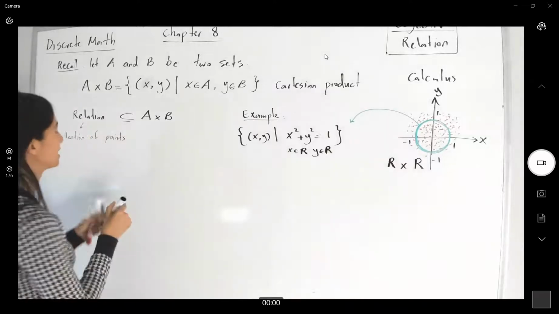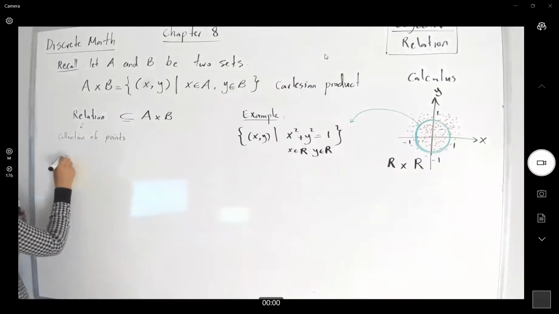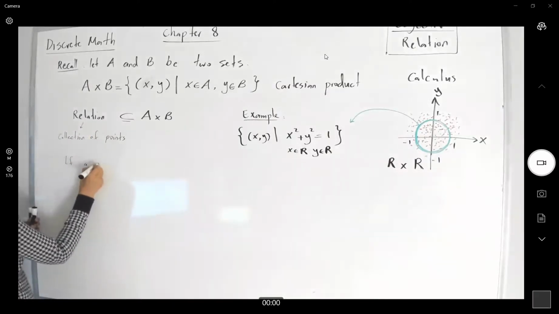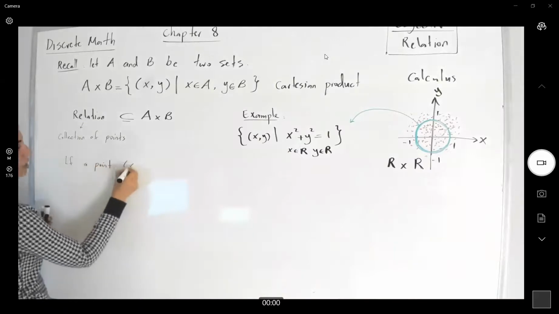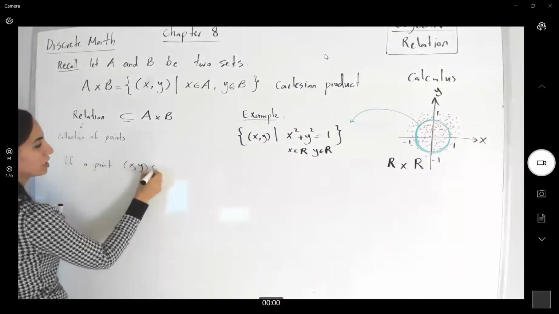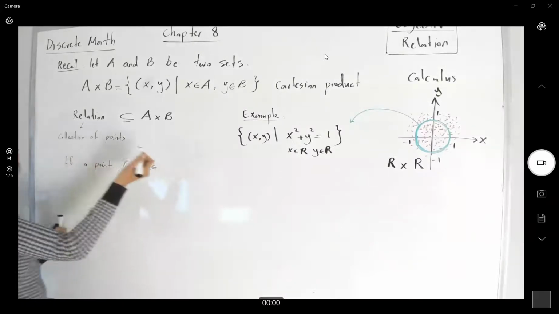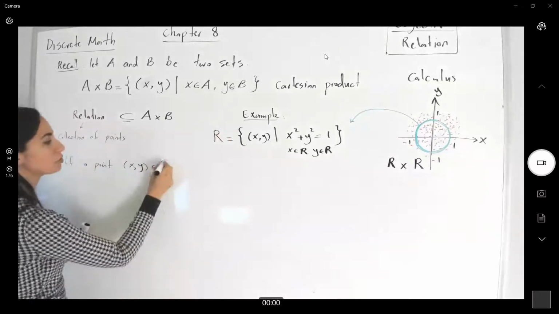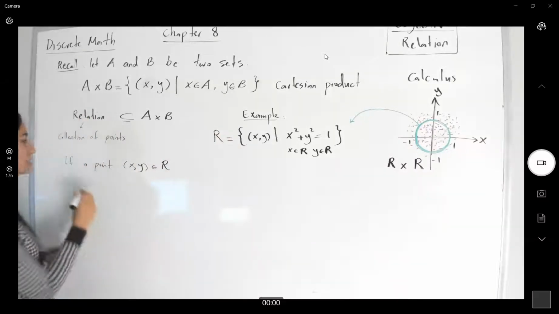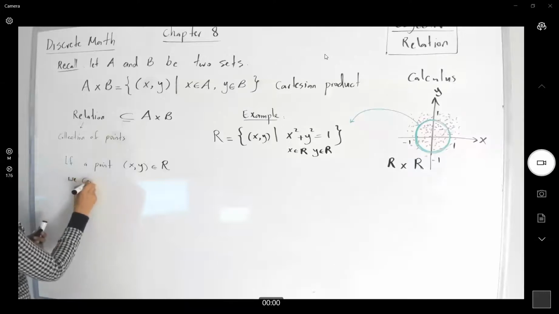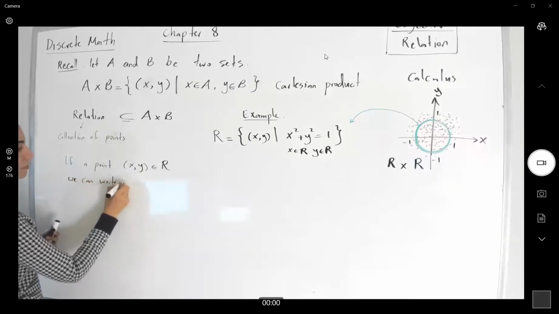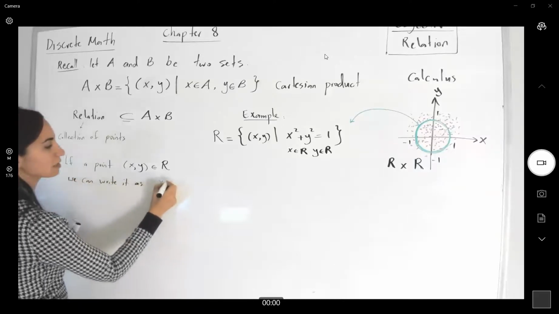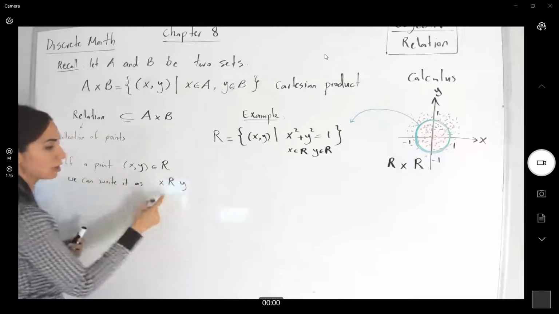Also recall that we said if a point (x, y) belongs to a relation, let us call the relation R, we write it this way: x R y. What's the meaning of that?